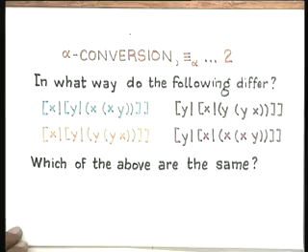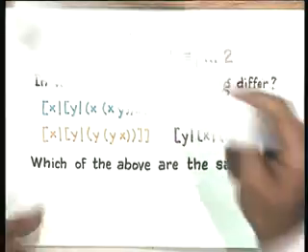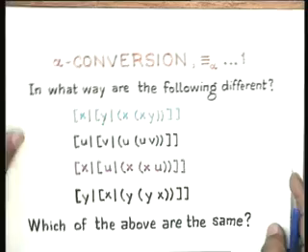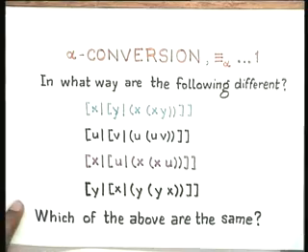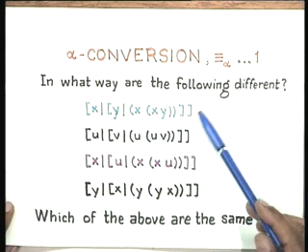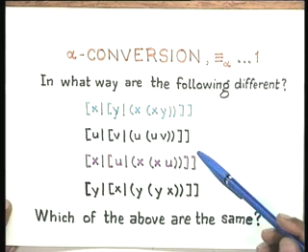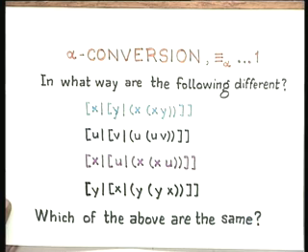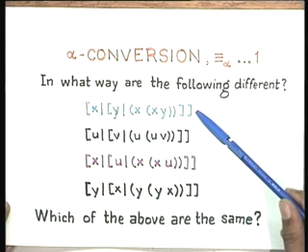So all these terms are really alpha convertible, and my problem now is, how do I express this alpha conversion in terms of our notion of syntactic substitutions, which we have rigorously defined, right. So for example, how do I get this 4th term from the 1st term?